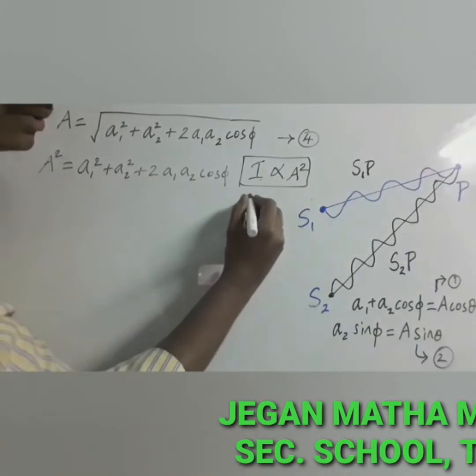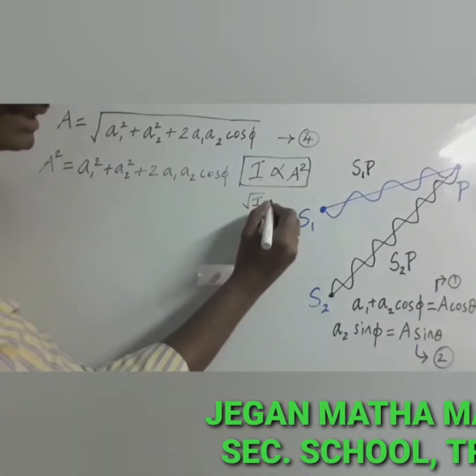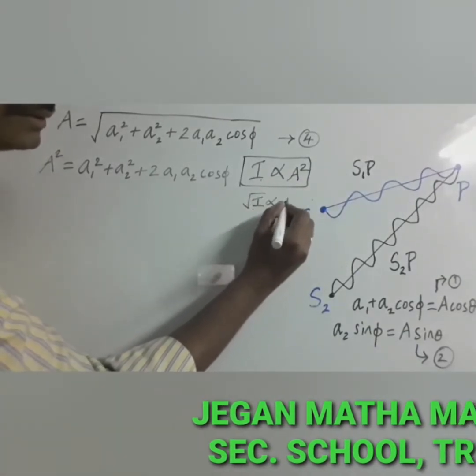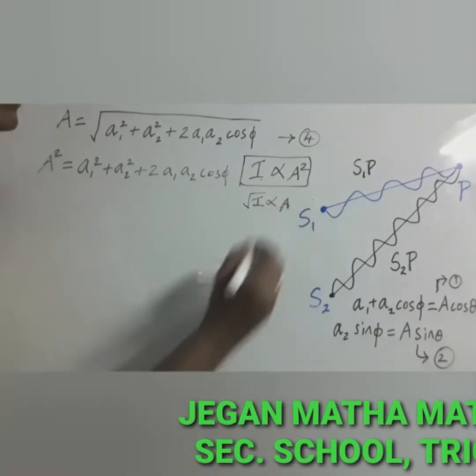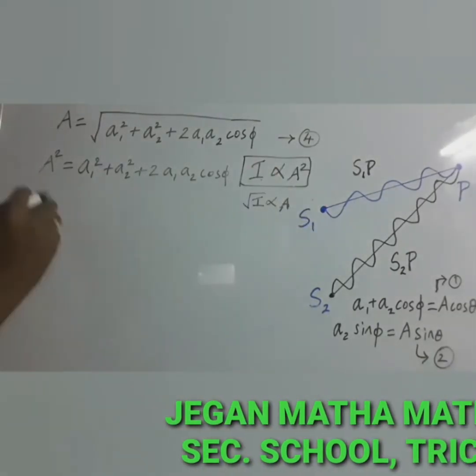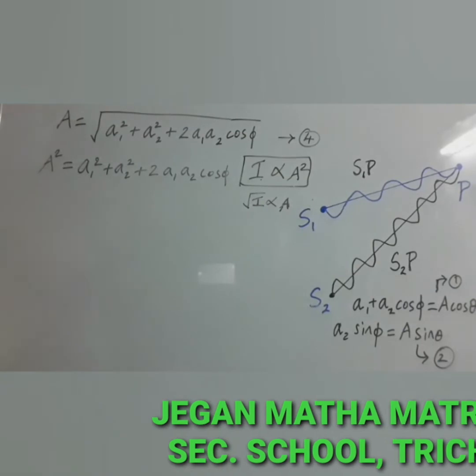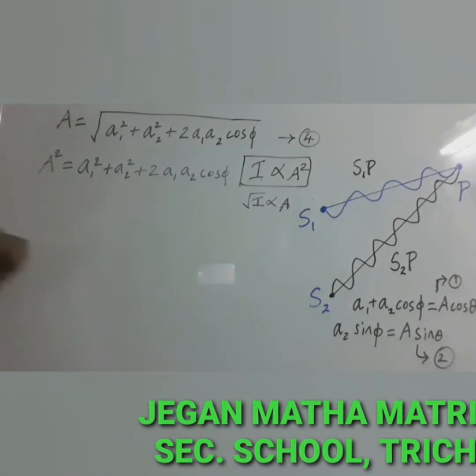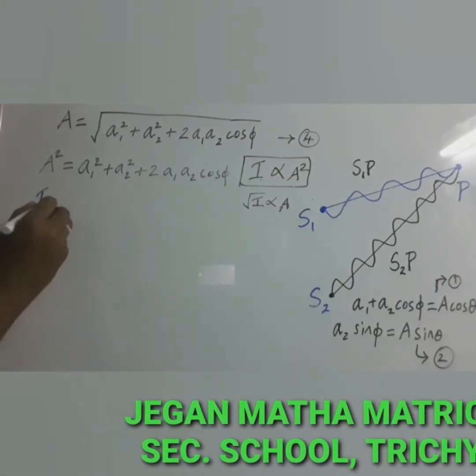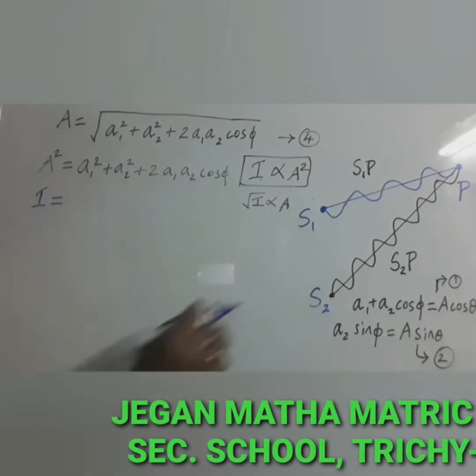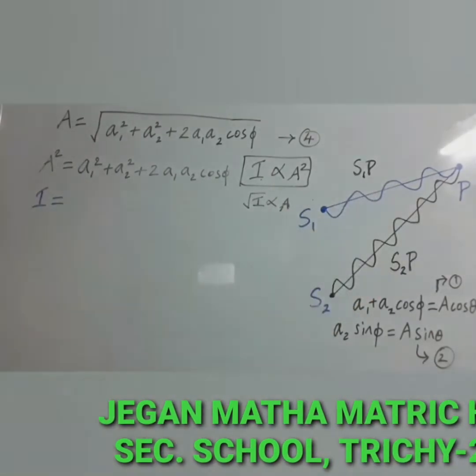Here you can take the square root. Root of I is directly proportional to A. Both are the same expressions. So instead of A square, we can write the resultant intensity I, that is equal to A1 square, where A1 is the amplitude of the first wave.